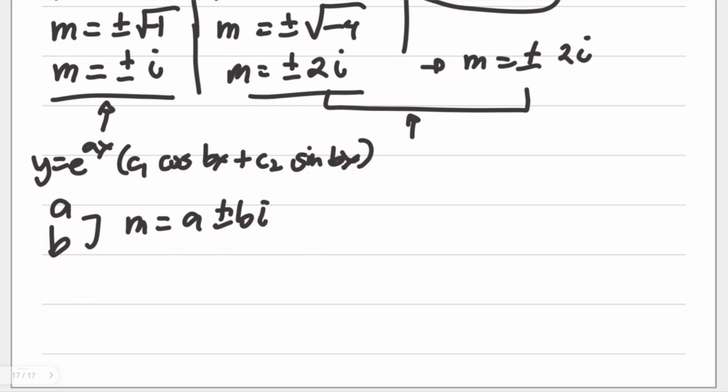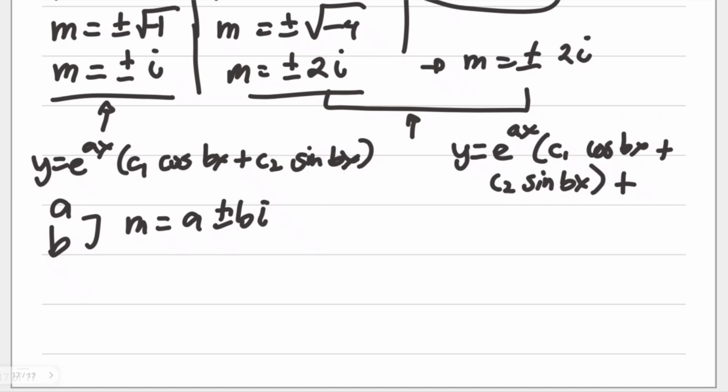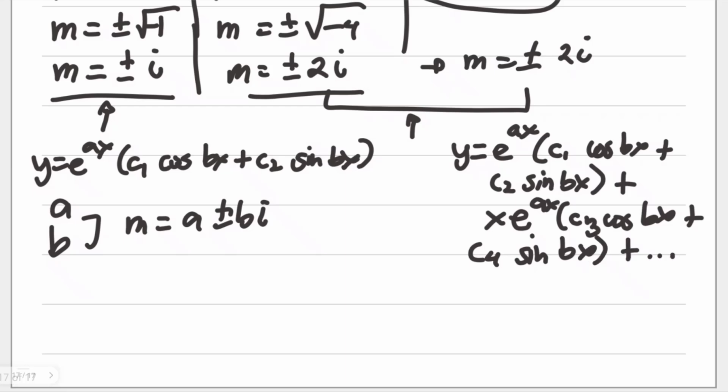Now for the repetition, here comes the interesting part, as this will look like this. y is equal to e to the power of ax times c sub 1 cosine bx plus c sub 2 sine bx, plus x times e to the power of ax, that has been repeated, c sub 3 now cosine bx, same b, plus c sub 4 sine of bx, plus and so on until you reach, if the multiplicity is more than 2, it's n, so you will have here x to the n minus 1 times e to the power of the same ax times c sub n plus 1 cosine of bx plus c sub n sine of bx.